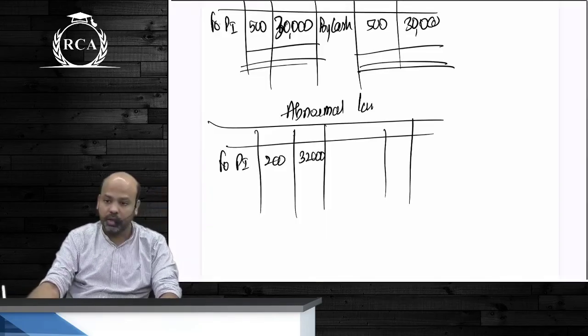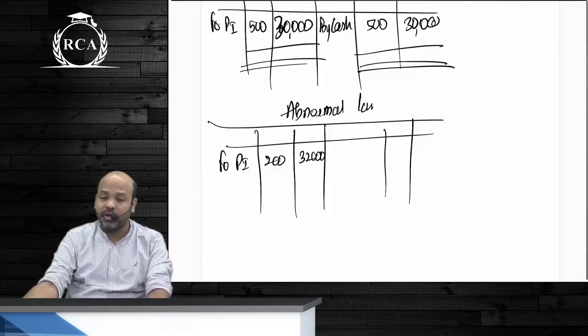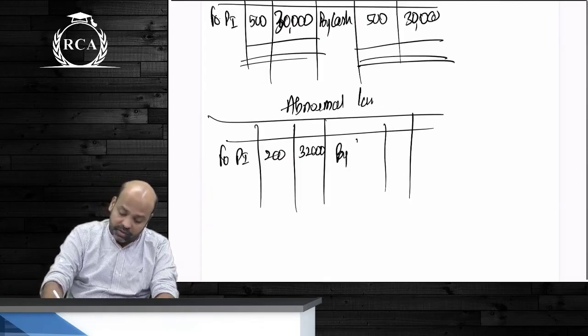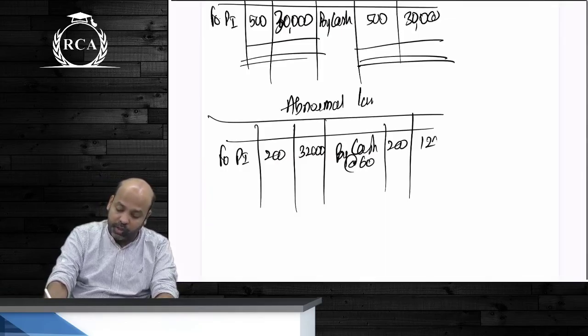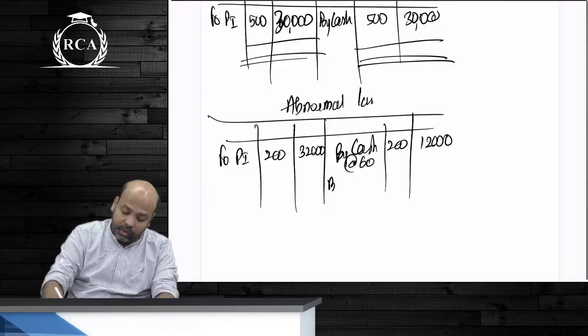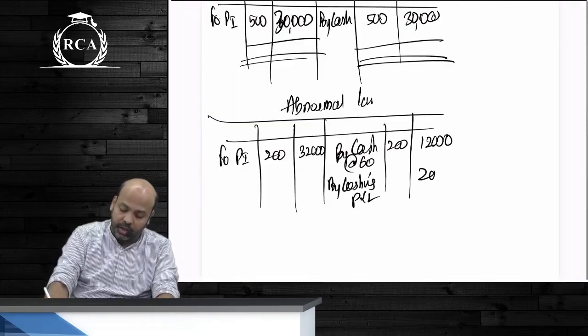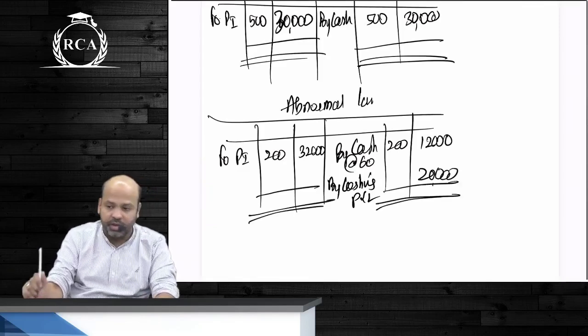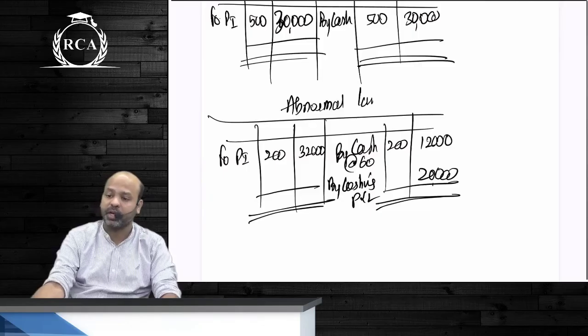Yes or no? But this entire 32,000 will not be transferred to profit and loss account. Against this, I will first sell it at 60 rupees per unit. I will get 12,000. The remaining 20,000 will get transferred to costing P&L account. If you've ever done questions of final accounts, you first remove the cost of abnormal loss from trading account.